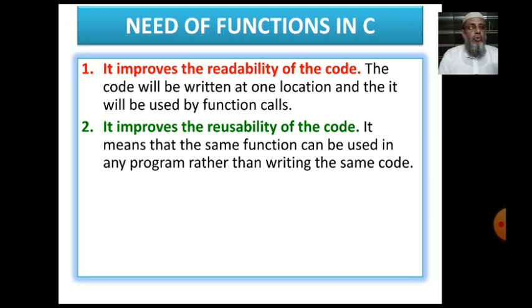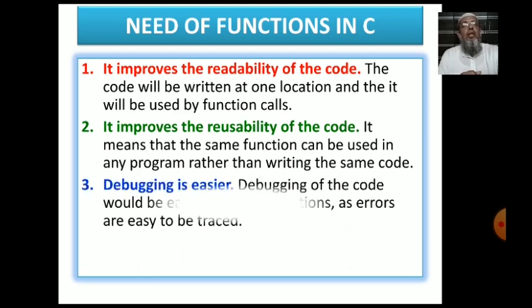Second, it improves the reusability of the code. Easily it can be used anywhere in the program. It can be called by another program, and it will save our effort and our time. The third important advantage of the function is that debugging is easier.